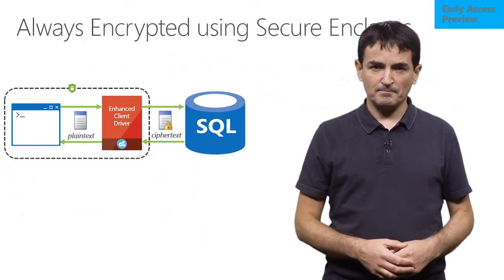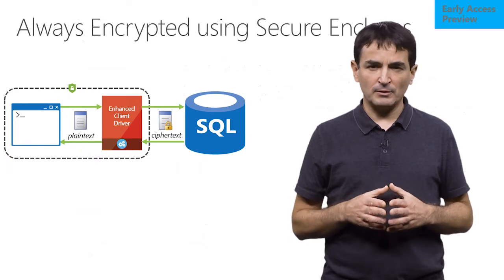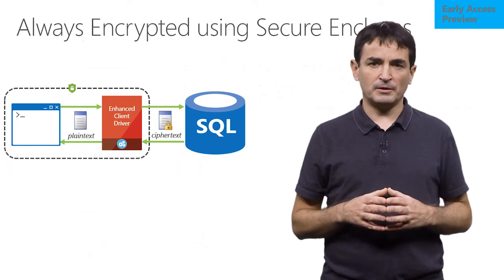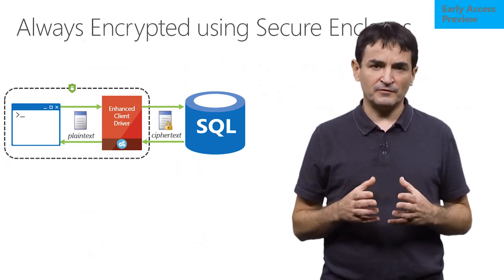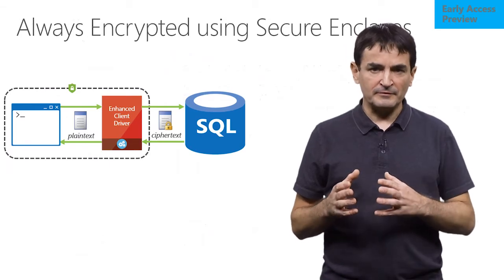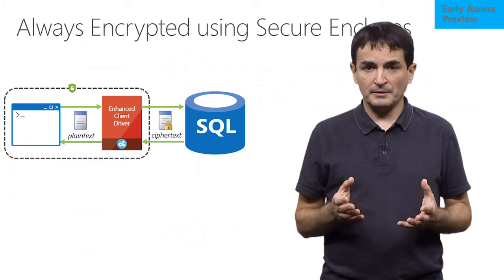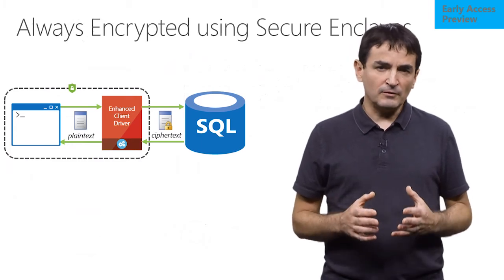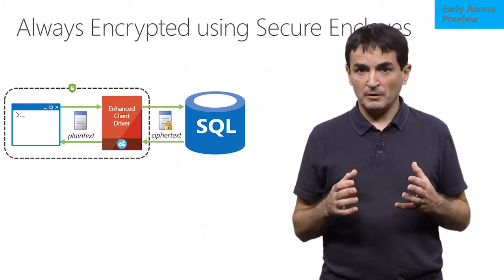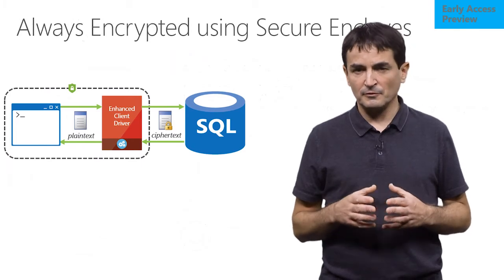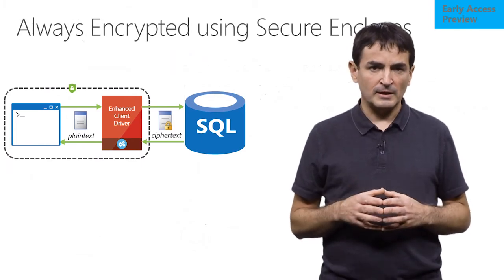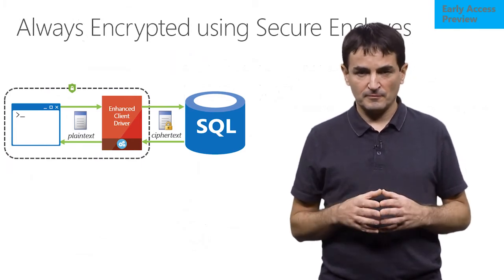With Always Encrypted, a SQL client driver encrypts the data inside the client application before the data is even sent to the server. As a result, when the data enters the database system, it's already encrypted. Therefore, even high-privileged users, such as malicious database administrators or rogue cloud operators, cannot access the data in plain text.